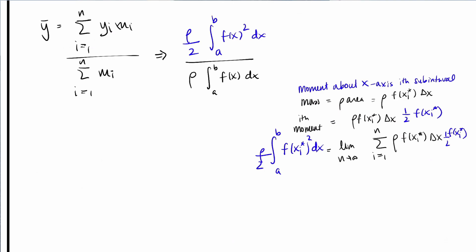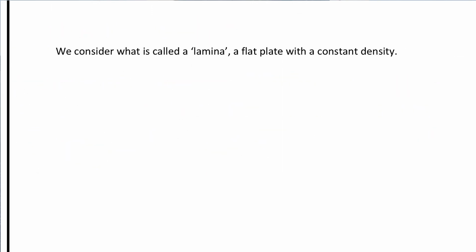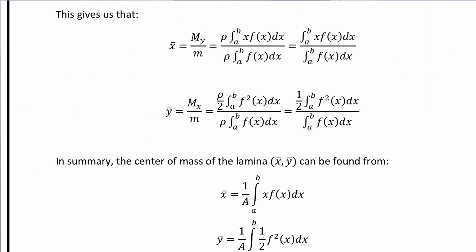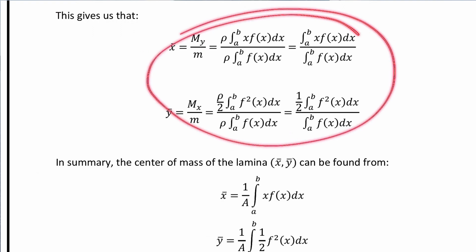And again, the rhos cancel each other because we see that the center is independent of the density, okay? So to summarize, this is what we have now. We have that my center is given by these formulas, but I wanted to show you where the formulas came from.